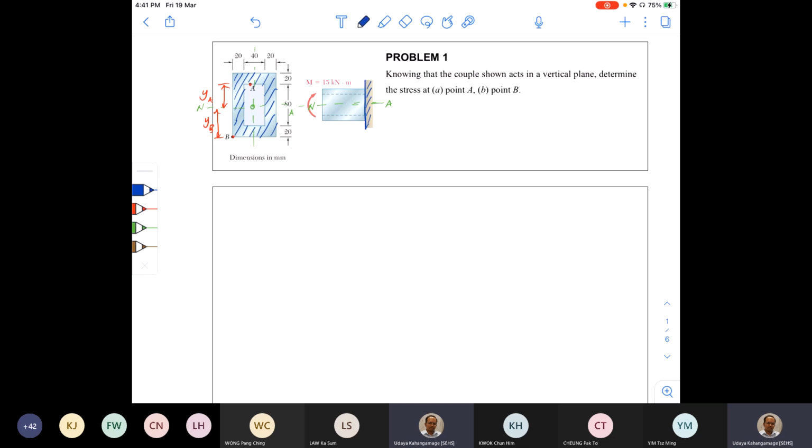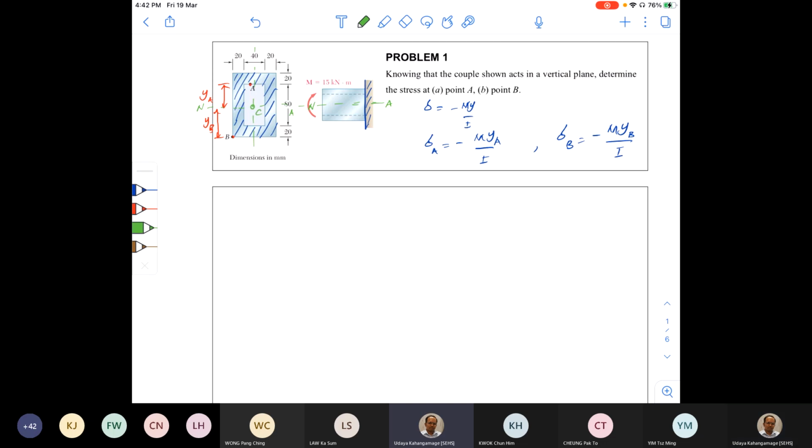Now if you want to find out the stress at point A, we use our bending formula here: sigma is equal to negative My over I. So the stress at A, sigma A, is negative M YA over I, and sigma B is negative M YB over I. We can find YA and YB because we located our centroid here.